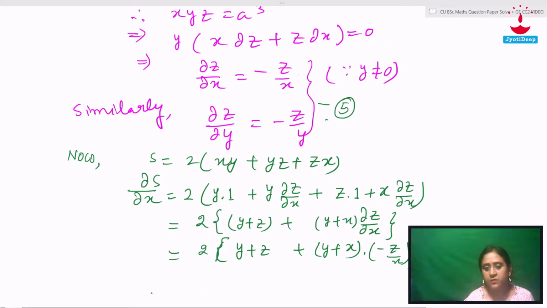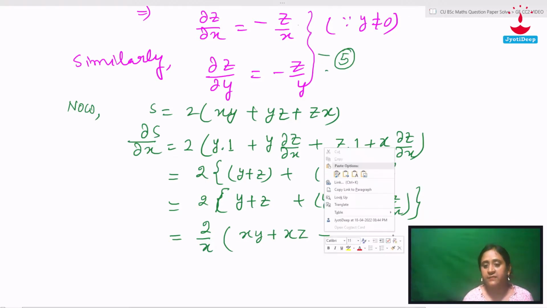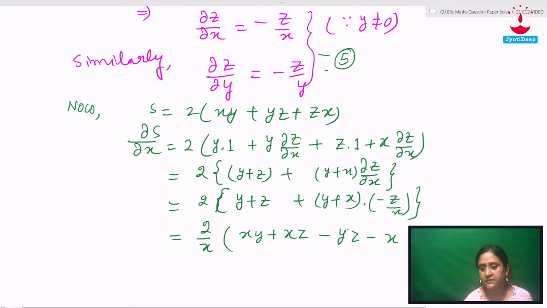So it will be 2 by x into, multiplying this by x, we will get xy plus xz plus minus minus, we are getting yz minus xz. This is equal to 2 by x into xz minus xz cancel out.